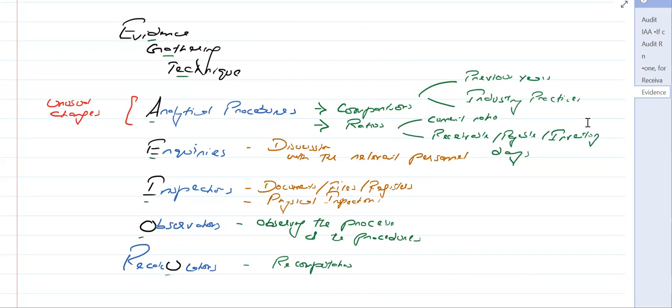Inspection is inspecting the depreciation schedule. Observe, physically inspect the asset, observe the assets which are in the working condition, and confirm the depreciation is being charged on all the available assets. Recalculation, recalculate the depreciation charge, and agree the figure with the financial statement. So you can apply this AEIOU anywhere.